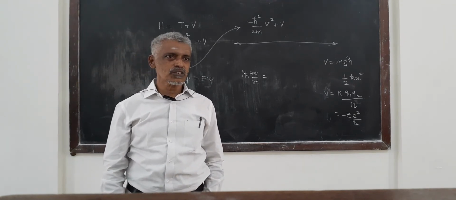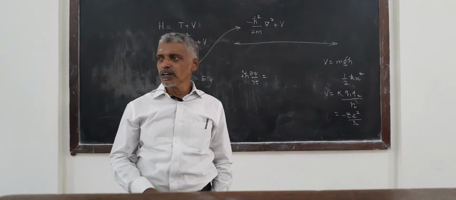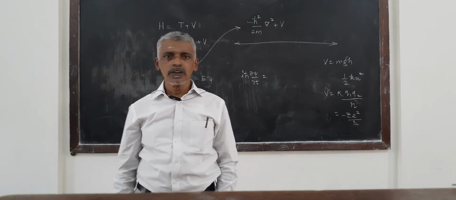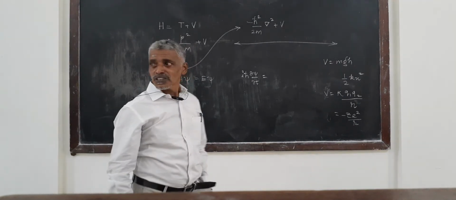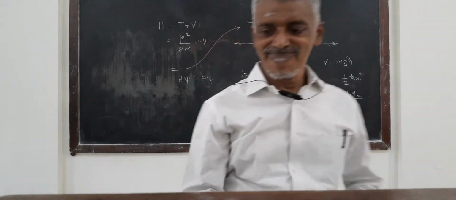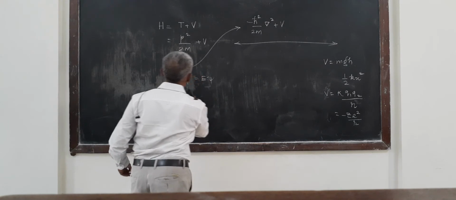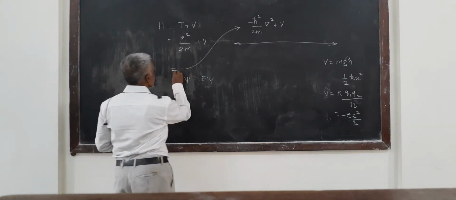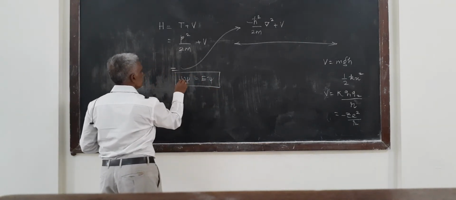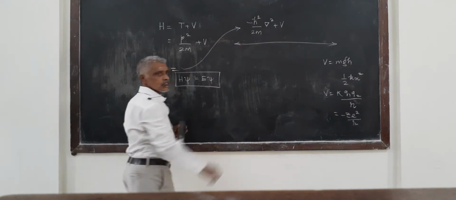Last semester we studied these things, you must remember. Now, I don't want this one; I want this one, H psi is equal to E psi. This H is your Hamiltonian.